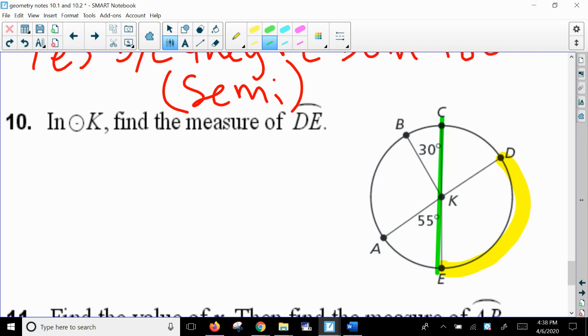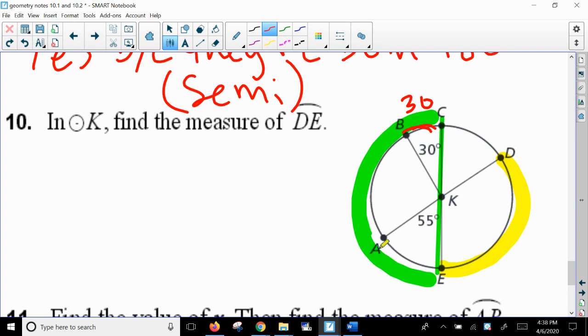From C to E is a diameter. That means all of this is a semicircle, which is 180. So I know, go back here, I know that since this is a central angle and it's 30, that means this slice right here is also 30.